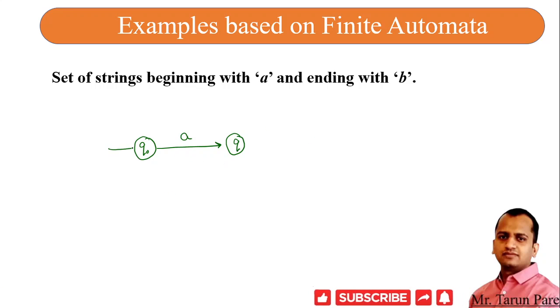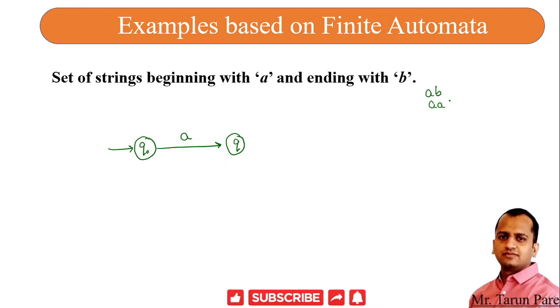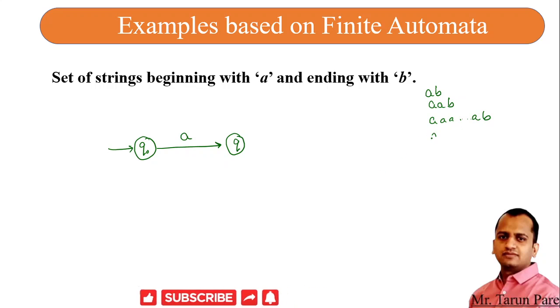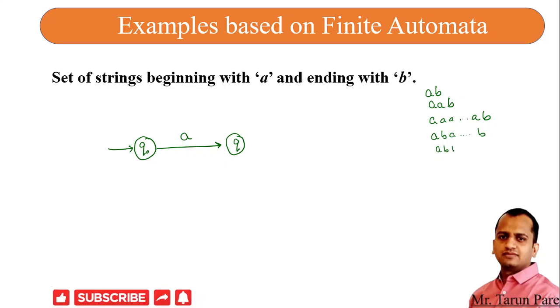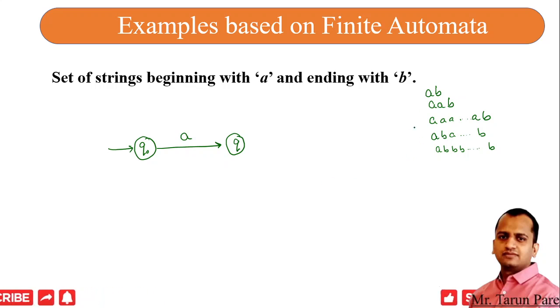So if a is passed, what are the possible strings? ab, aab, any number of a's ending with b, or a b any number of a's ending with b, or a b b b ending with b. So we have to make the finite automata which will accept all these strings.